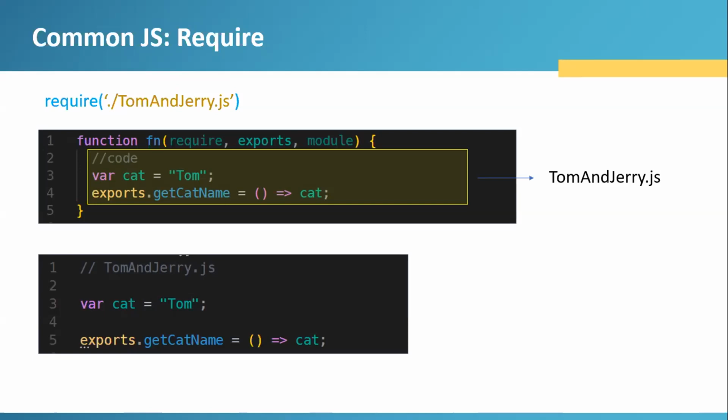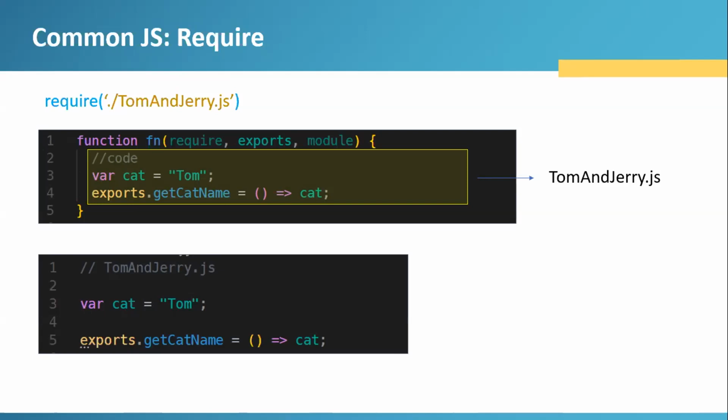Because of this local scope, we solve the second problem of the file system, which is interfering of one module with another. We solve that because of this local scope, and also since the entire module gets wrapped in the wrapper function, we are effectively not sharing the same global namespace.